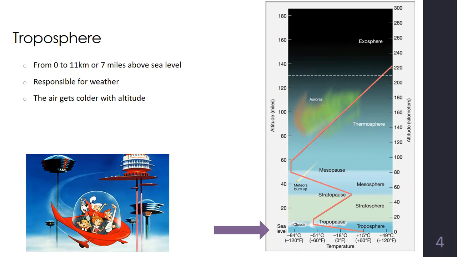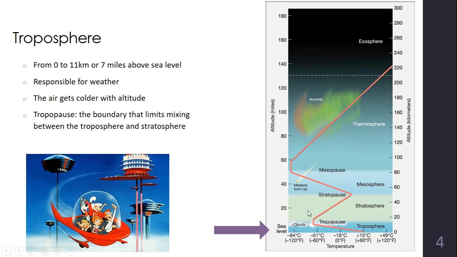As you generally go higher in elevation, if you think about just driving up in elevation, it's going to get cooler. The tropopause, which is this layer right here, which is usually signified by clouds, not always, is the boundary between the troposphere and the stratosphere and prevents their air from mixing together.